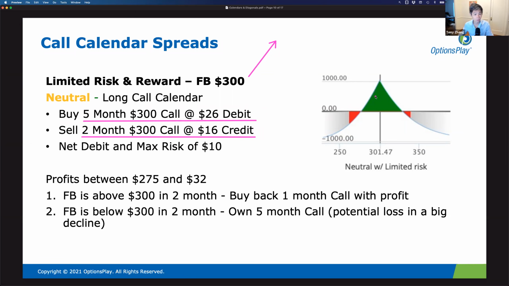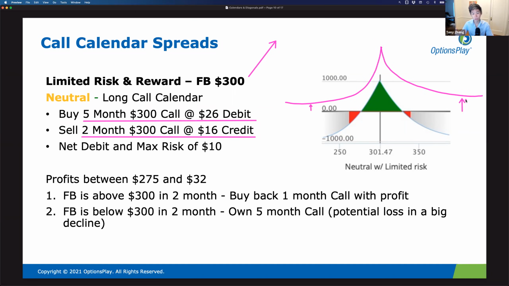Let's say the stock doesn't move, it stays around $300, and I sell another 2-month $300 call option. Now this whole trade turns into a net credit. What that effectively becomes is a trade that looks like this, where I can have no potential for losses because I've collected a net credit on a trade that looks like this.